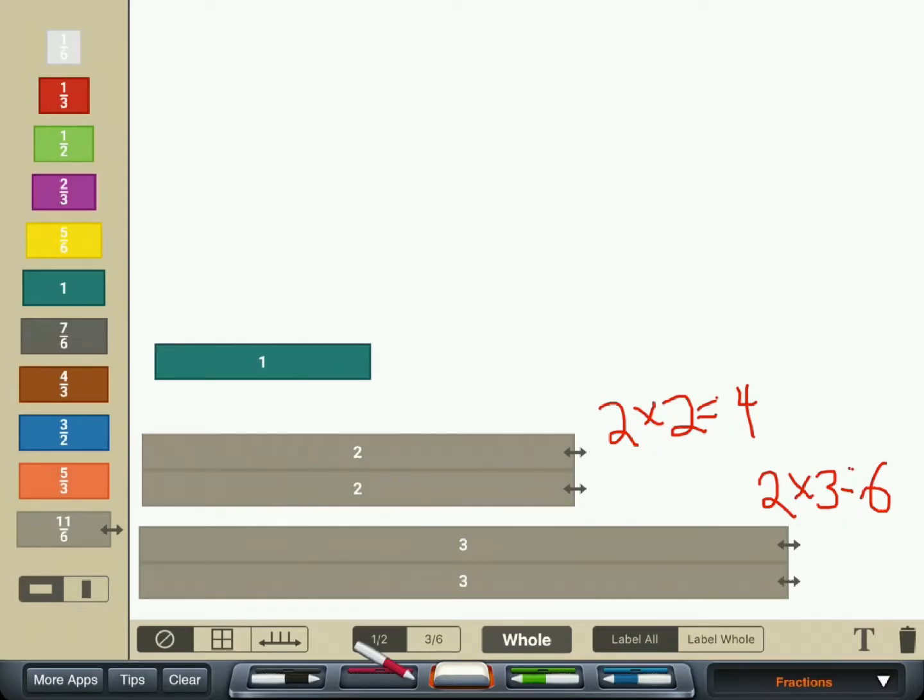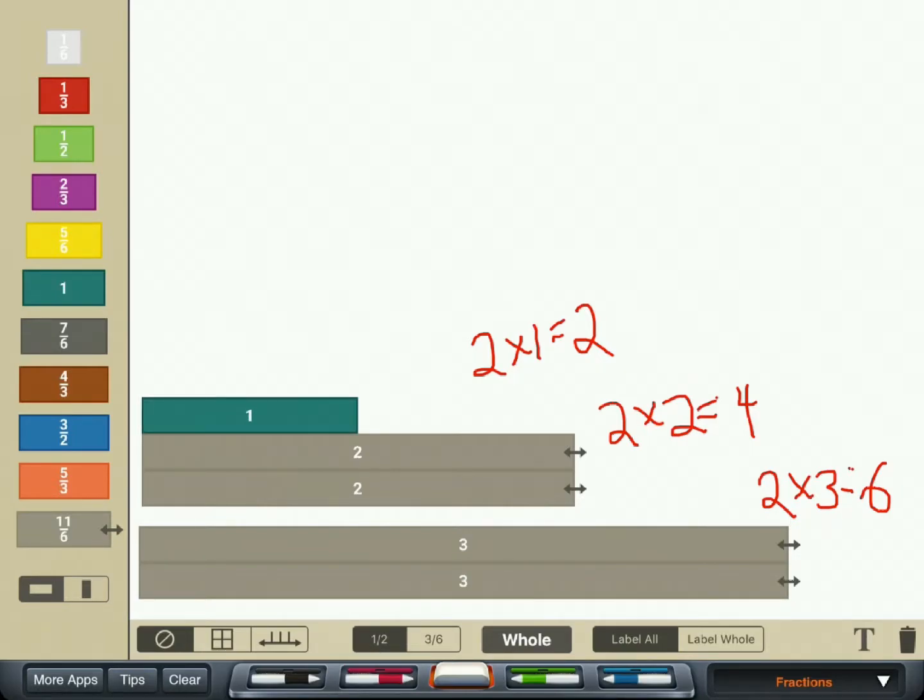Now, just like we did in the previous app, we changed our question again, bringing that second factor lower. 2 times 1 equals 2, which we can see, and this time I can put them end to end, and I can put my 1 here and my other 1 there, and it's easy to see that the 2 1s equal 2. And again, this should not be new to the students.